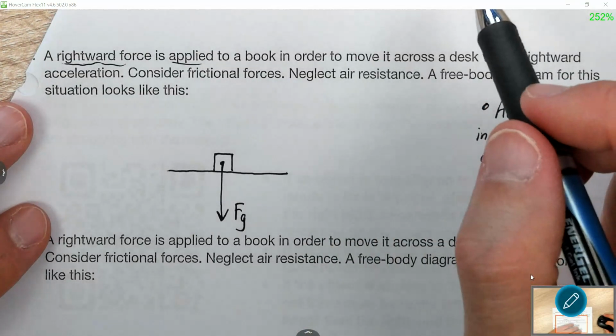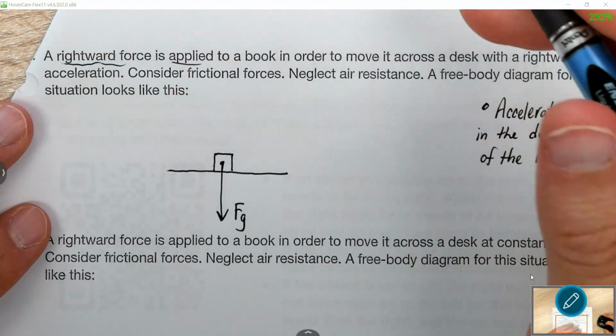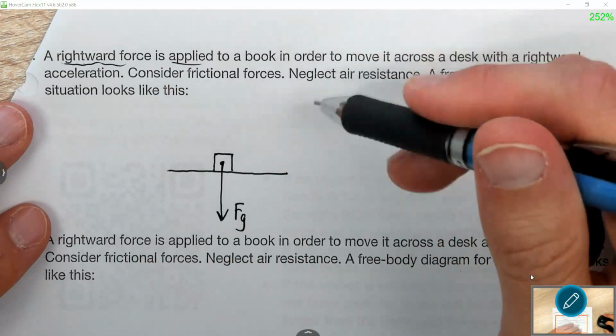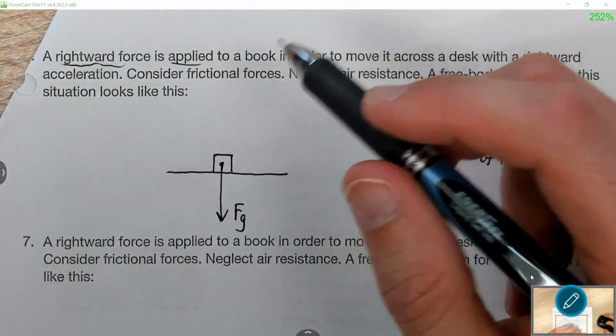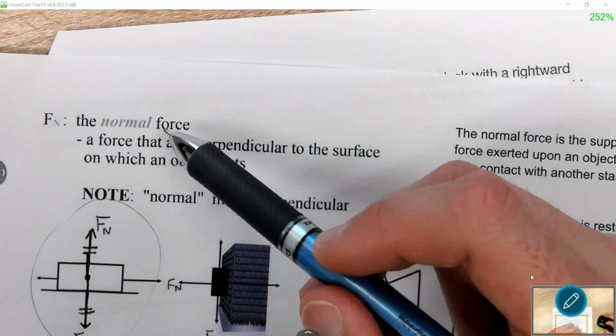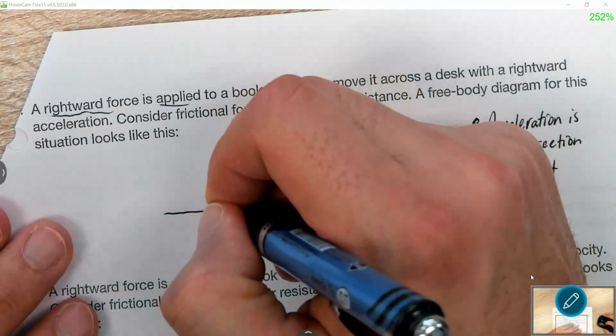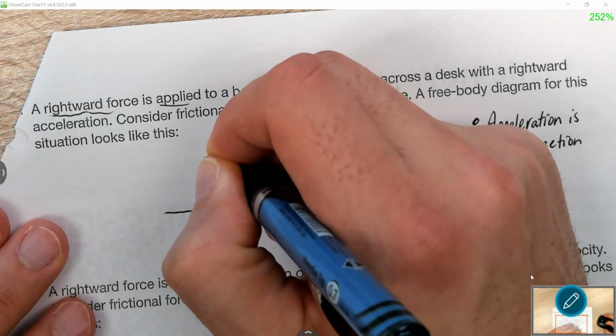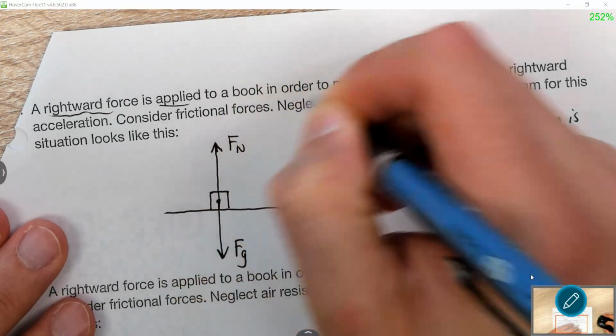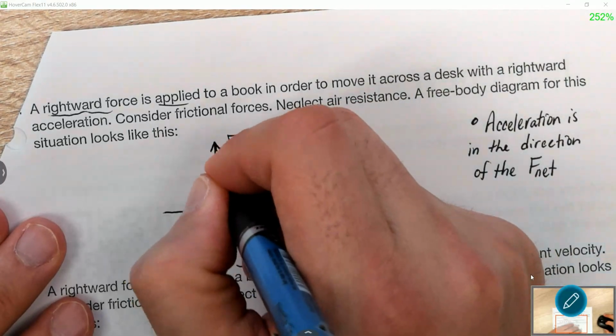On a flat surface, it's not moving down or up off that surface, so it needs to get balanced out. What does it get balanced out by? Fn, which stands for the normal force. I'm going to show that those two are equal.